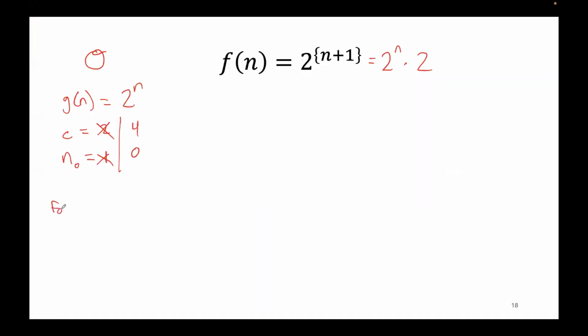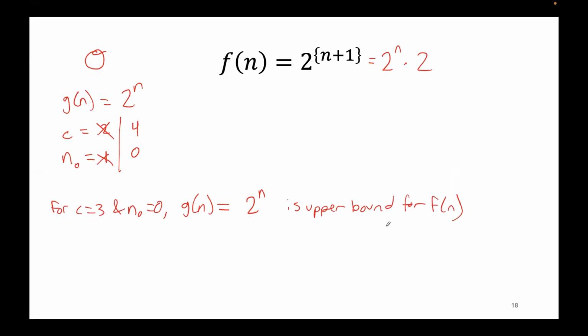So for C equals 3 and n naught equals 0, g of n equals 2 to the n is an upper bound for f of n. That's how I would write that in a sentence.